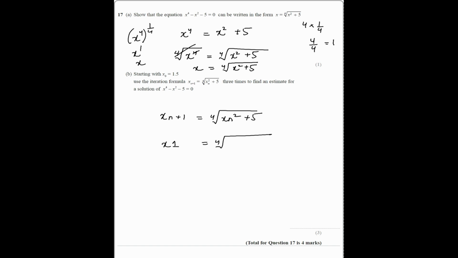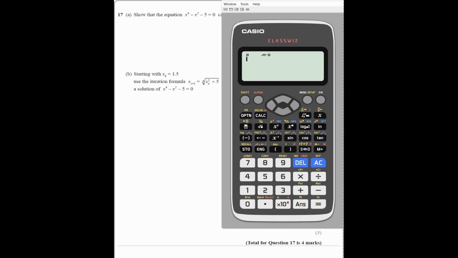So if you substitute n as 0, 0 plus 1 is 1, and then it is x0^2 plus 5, which will become the 4th root of, x0 means 1.5, 1.5^2 plus 5. On the calculator, press shift and then the x-power key, write 4 there, then 1.5^2 plus 5.